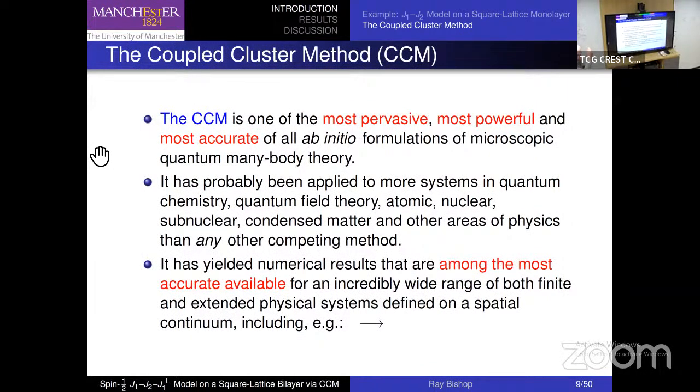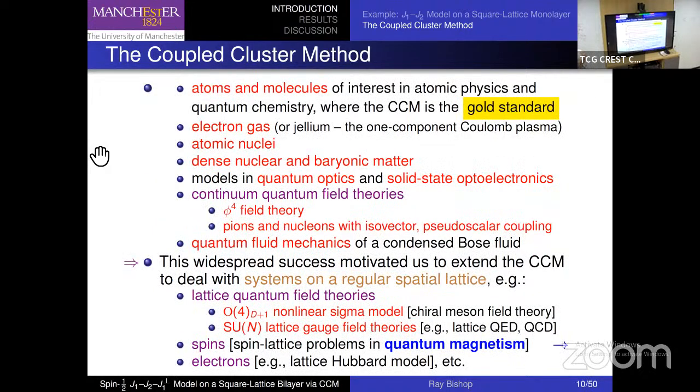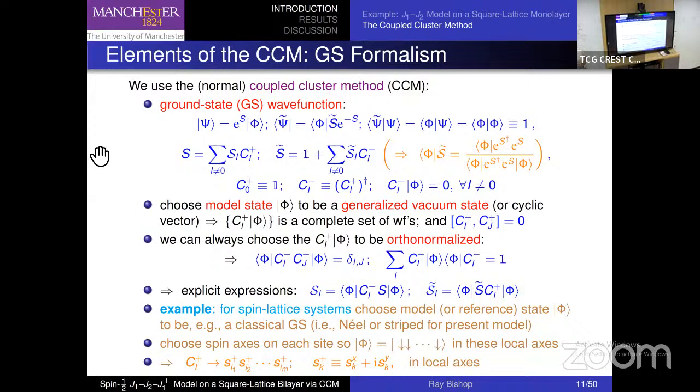Coupled cluster method. Now let me go over this relatively fast because I've done this twice. You've seen these transparencies. You've seen that the method is very well applied in a variety of places, as I told you, and showed you some of these examples on Monday. And here's again the outline of the method.